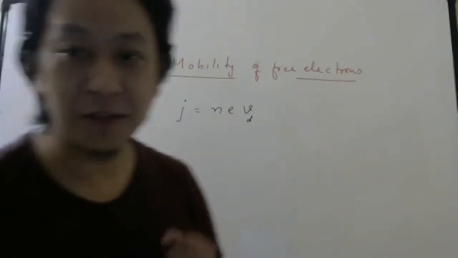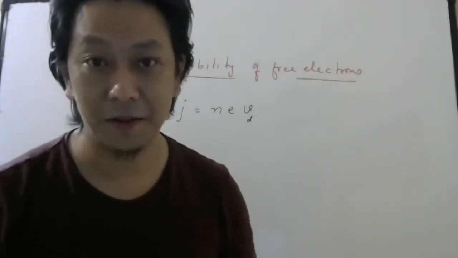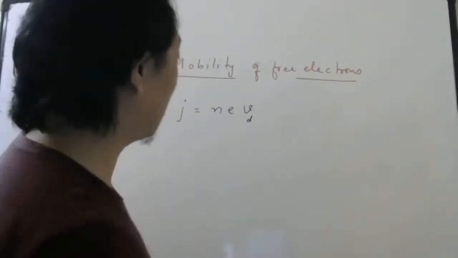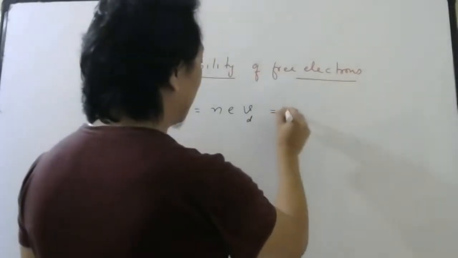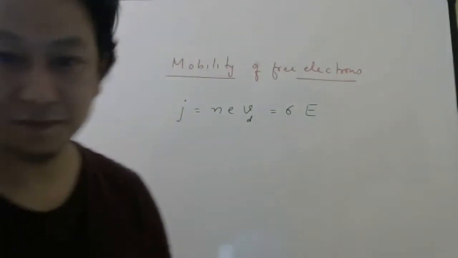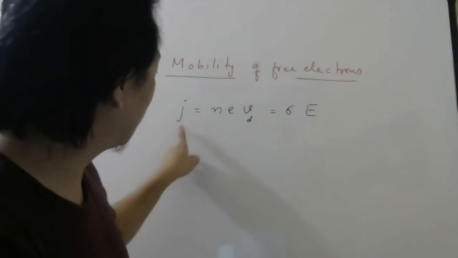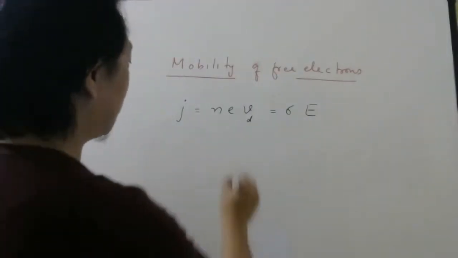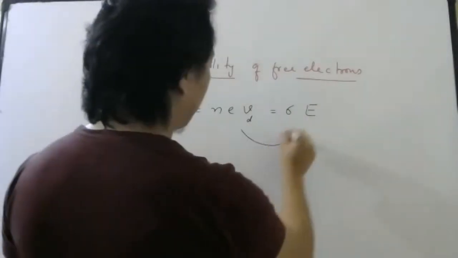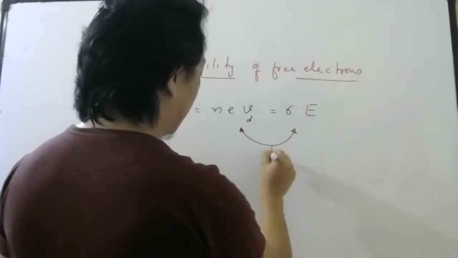Now we also derived something called the vector form of Ohm's law. There we wrote J equal to sigma E. Yes or no? This we have derived, this also we have done. So from these two equations, what will I get?